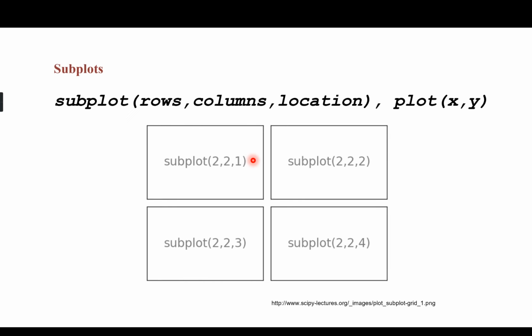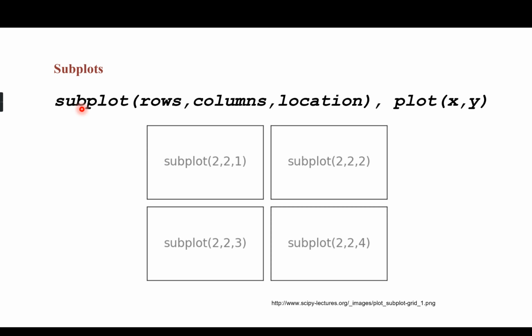The next part we will go over is subplots in MATLAB. In the example we saw just now, we have one figure window with two graphs on top of each other. What the subplot function allows you to do is to have one figure window with multiple plots in it.